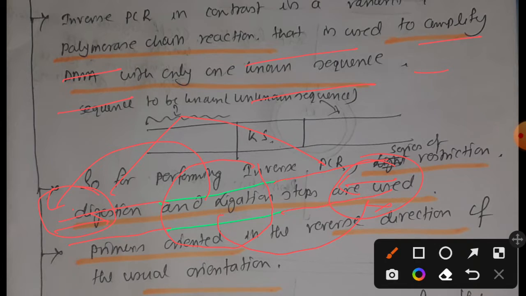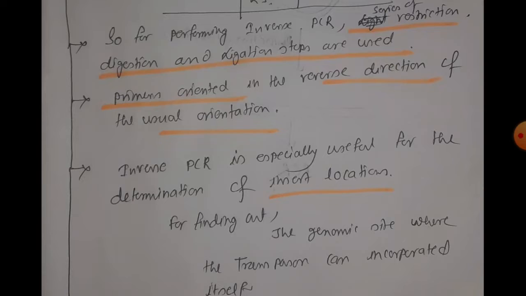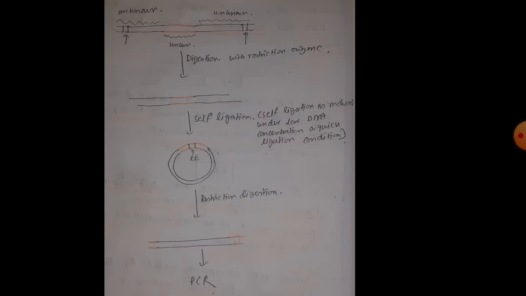Your mind should think about restriction digestion, right? So here we are going to take the help of a series of restriction digestion and ligation steps. So how can we do this? We will talk about the function of inverse PCR after learning about the procedure first.